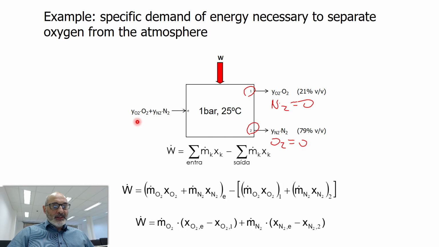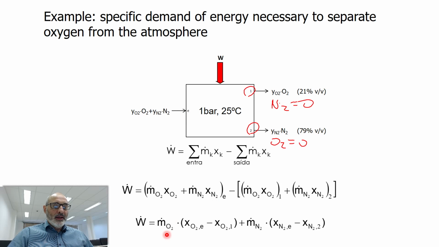Well, since the separation is a perfect separation, a complete separation, if I have, let's say, 2 kilograms per second of O2 entering the control volume, the separation being perfect, I'm going to have 2 kilograms per second of oxygen here, okay? So the mass or molar flow rate is the same for each species.